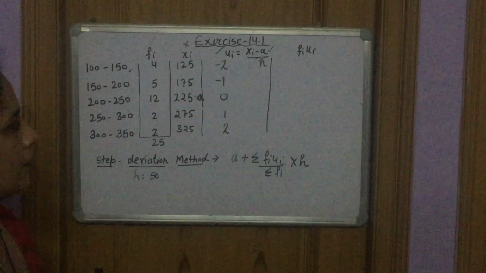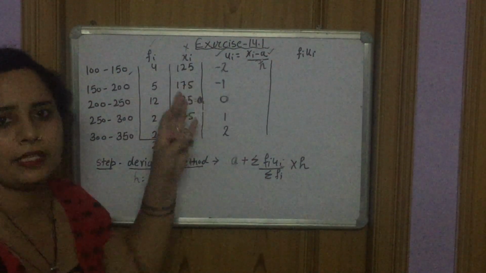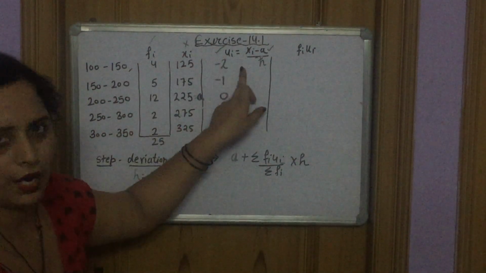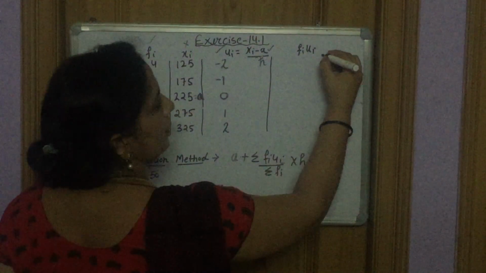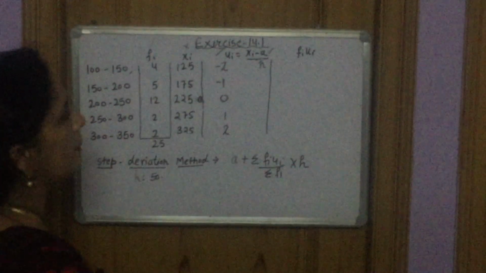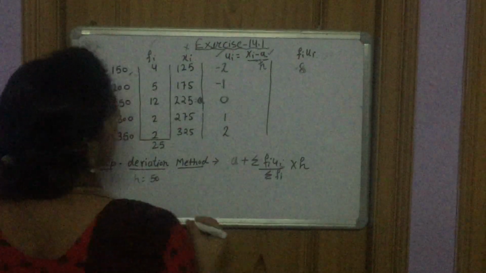After this we will multiply fi and ui according to the formula. This is the main step. In the direct method we multiply fi and xi, but in the step deviation method we will multiply fi and ui. Then the next column will be fi ui, multiplying every term. 4 multiplied by minus 2, that will be minus 8.